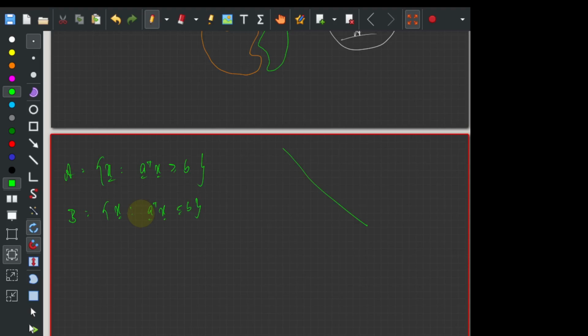I don't hear a loud enough response. Okay. Is there a separating hyperplane? A transpose x equal to b is a hyperplane which separates A and B. What is the intersection of these two? A transpose x equal to b. So the intersection is non-empty. The two sets are convex, but there's still a separating hyperplane.